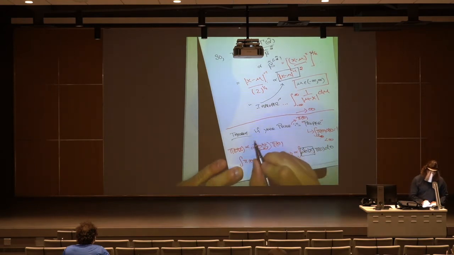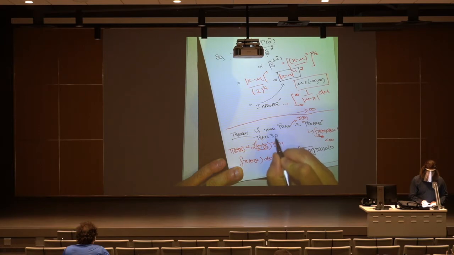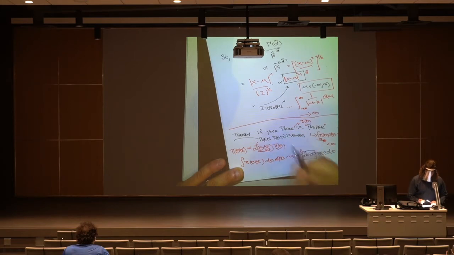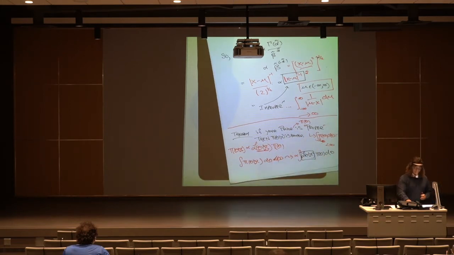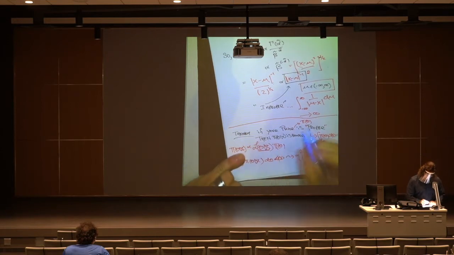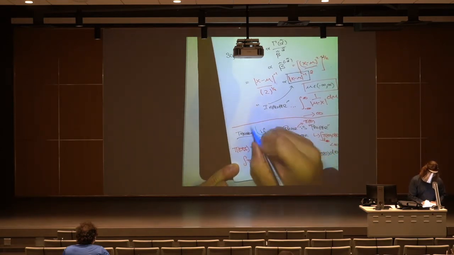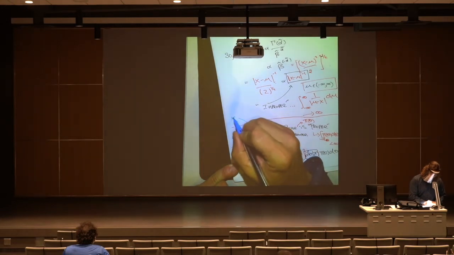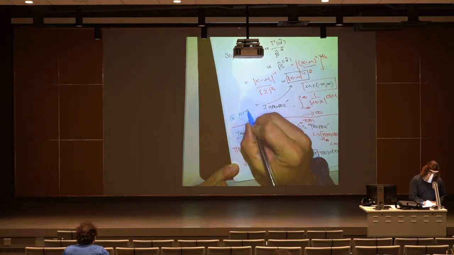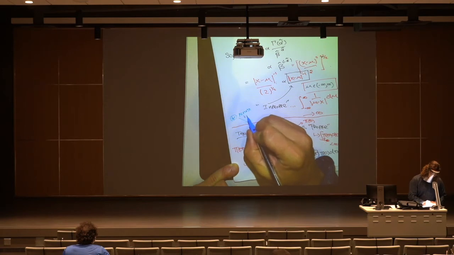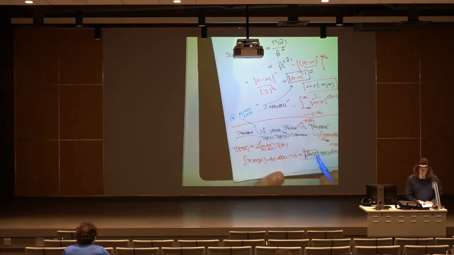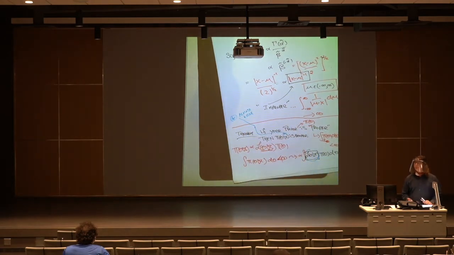If your prior is proper, then your posterior is proper. So, and this is an almost. Put in a caveat right here. Almost always true. This has to do with this thing being bounded right here.